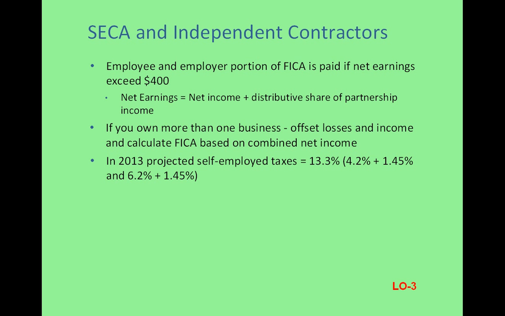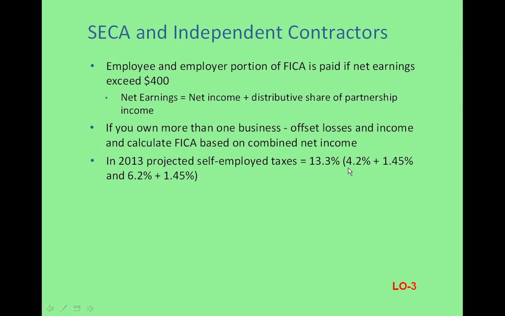And they did go back up to where they've been forever, and that is 6.2% for Social Security. So this is the employee's share that was 2% lower than normal for 2 years, and so it was lower correspondingly for the self-employed's employees' side of what they owe. So actually for 2013 that number is going to be 6.2%.